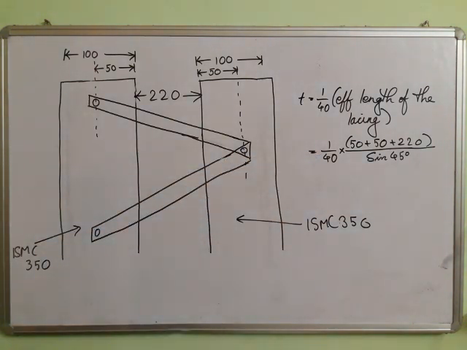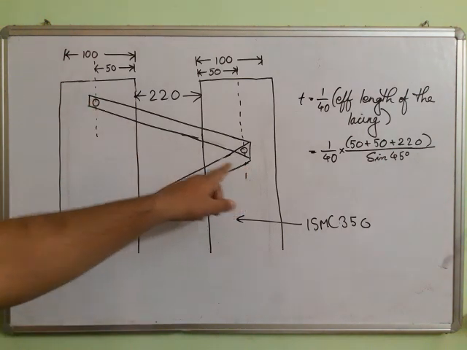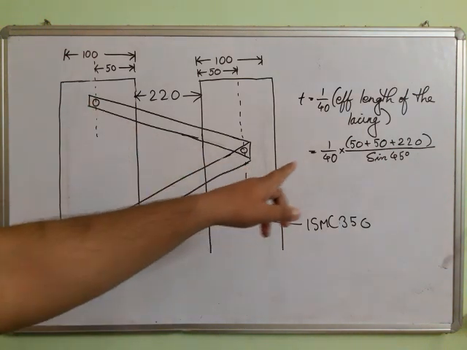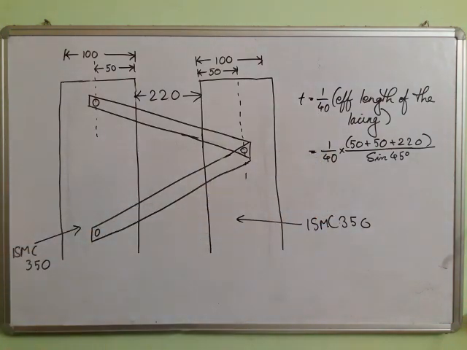We have already calculated how this length can be calculated as 320 by sine 45, this one.